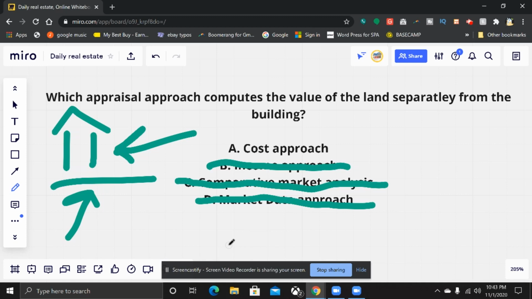The three depreciation factors are functional obsolescence, physical deterioration, and economic obsolescence. A piece of land does not experience any of those things. It could experience economic obsolescence, like being affected by the outside, but as an appraisal process we do not apply depreciation to it, because we do that just to the structure itself. So the answer is cost approach.